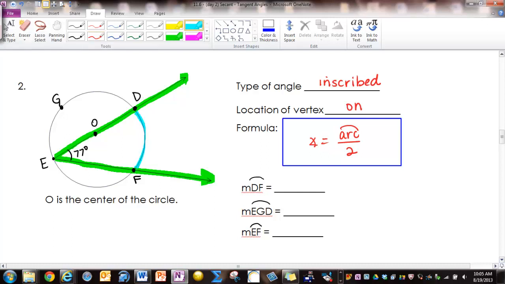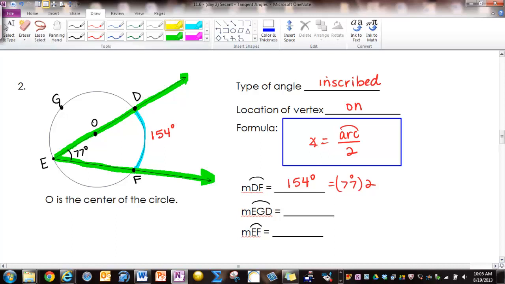So if I want to find the arc, I'm going to be multiplying the measure of that inscribed angle by 2. So I'm going to be taking 77 times 2, which is equal to 154 degrees. I'm going to label it on my picture as well as the answer blank.